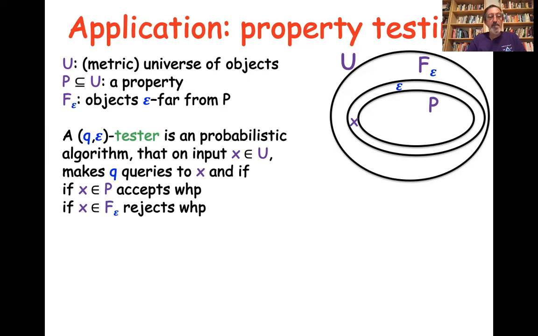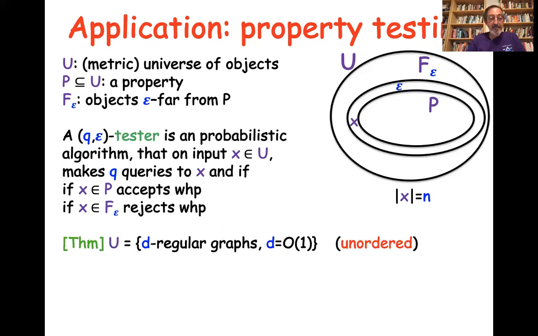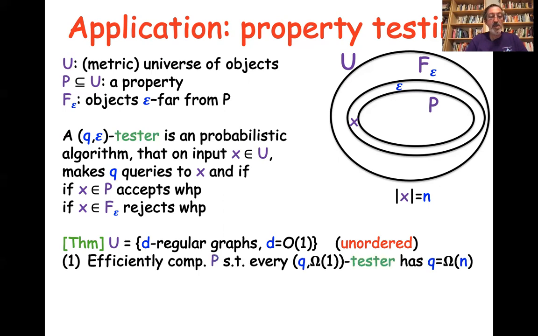So that's a tester. And imagine that the length of the inputs is n, then the following theorem has two results, two applications to property testing of sparse graphs. I'm not defining the model and the distance exactly, but it's intuitive. We have a universe of unordered elements, namely graphs, regular graphs with constant degree.